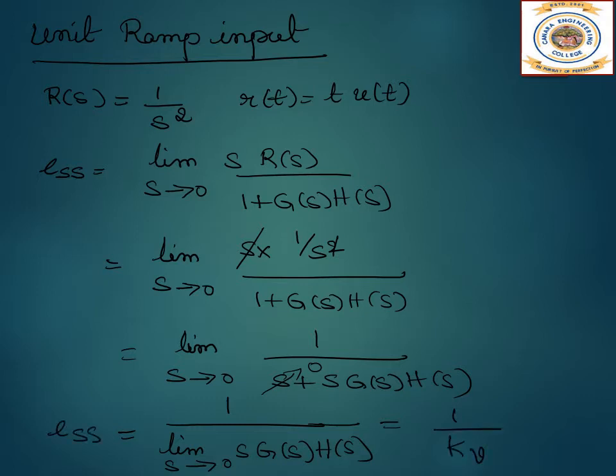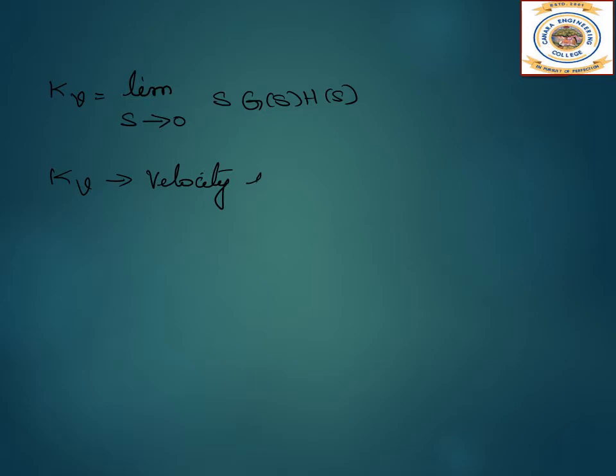So ESS is 1 by KV, where KV is equal to limit S tends to 0 S into G of S into H of S. Now what is this KV? KV is called the velocity error constant, and the steady state error due to the ramp input is given by 1 by KV.